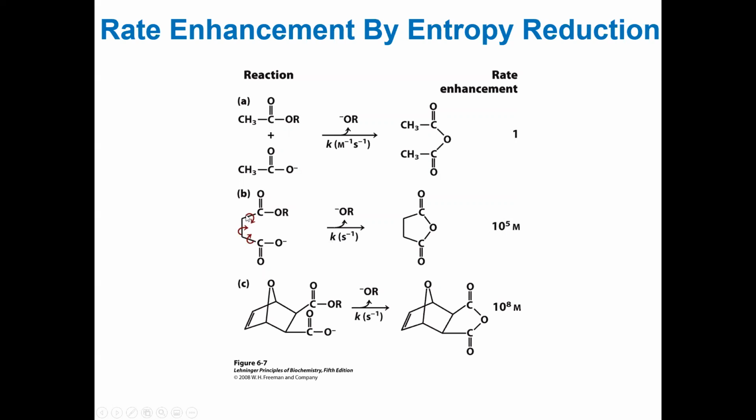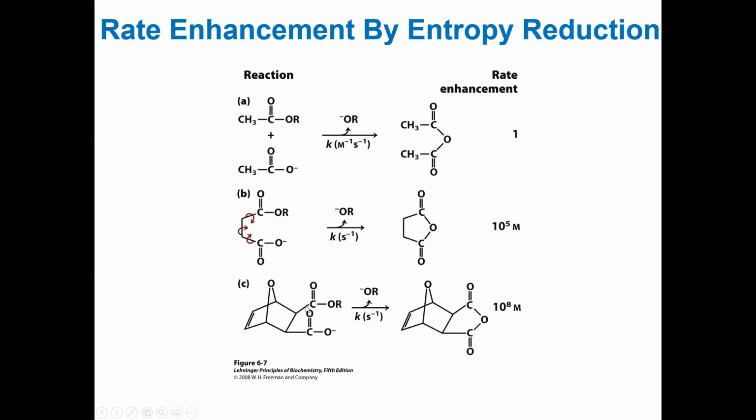But you can further reduce this so that these three degrees of rotation are completely eliminated by engineering these functional groups into a system like this, a cyclic, bicyclic system, as you see, where the two reacting groups are shown in the equatorial position and are well positioned to react.